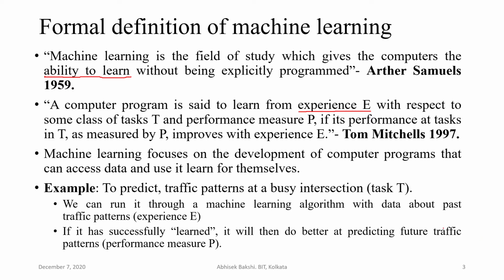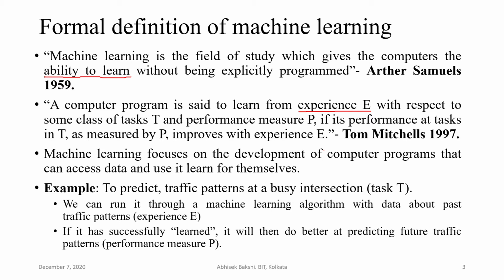Anyway, so let's start again. A computer program is said to learn from experience E. So if we gather some experience with respect to some class of tasks T. Now, what is a class of tasks? A class of tasks can be considered as different types of cases.